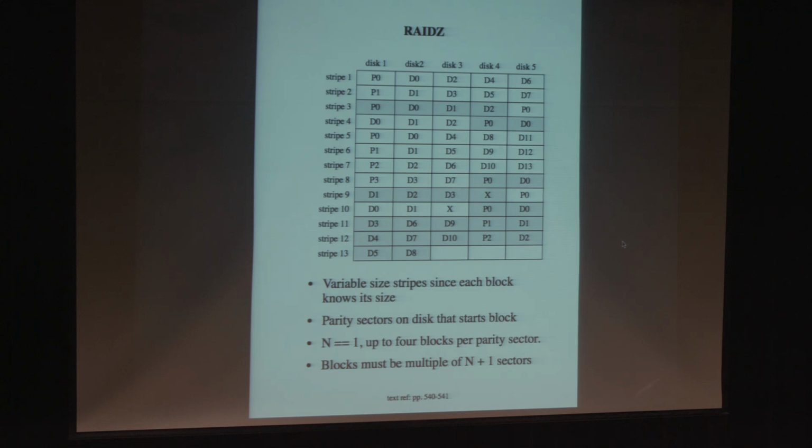You can see we've essentially written 8 blocks, D0 through D7. And then we need a parity block for each stripe, so we have parity 0 and parity 1.